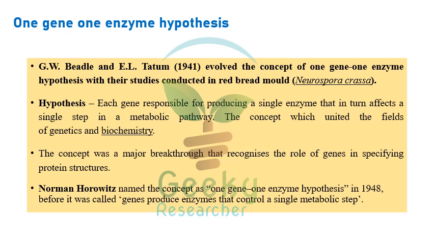Before that it was called genes produce enzymes that control a single metabolic step. Later Norman Horowitz named it the one gene, one enzyme hypothesis, but the concept was given by Beadle and Tatum.